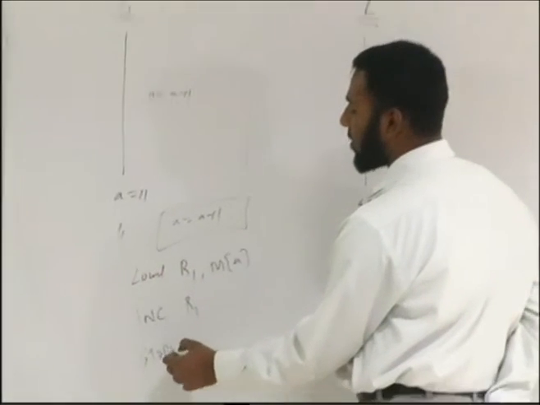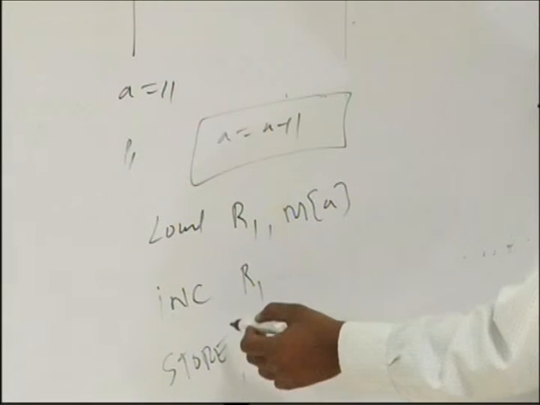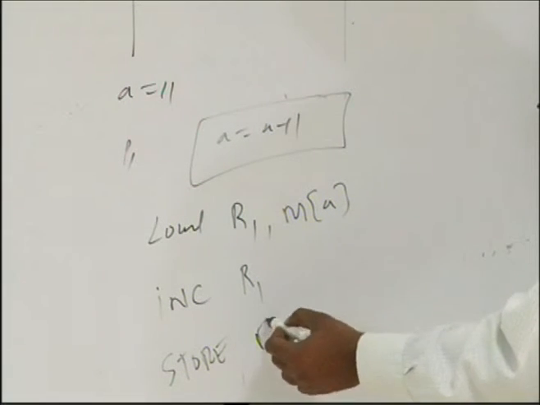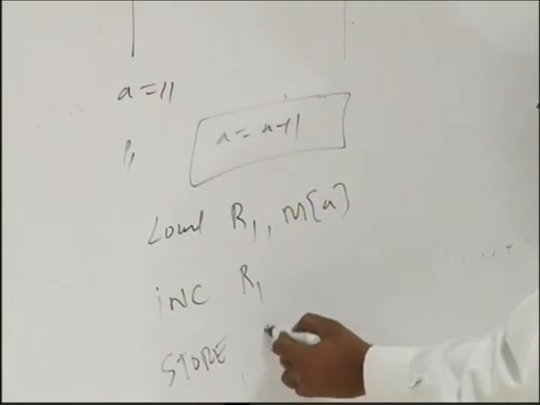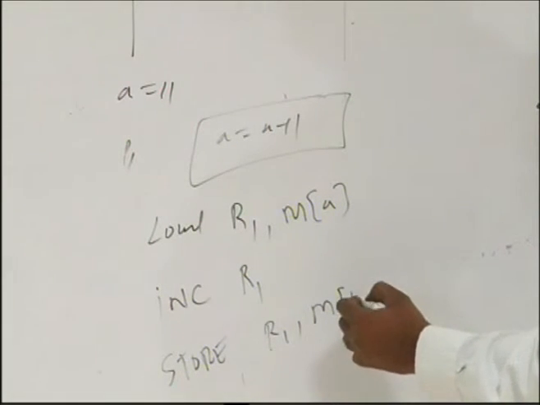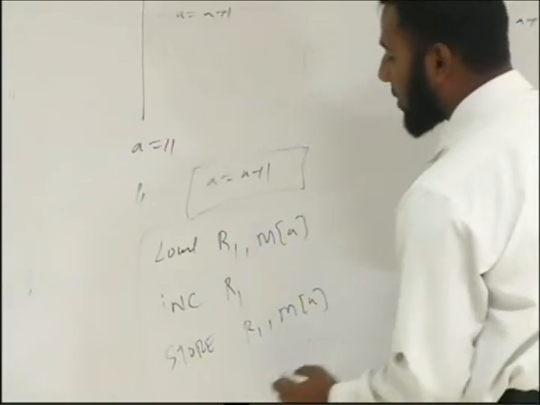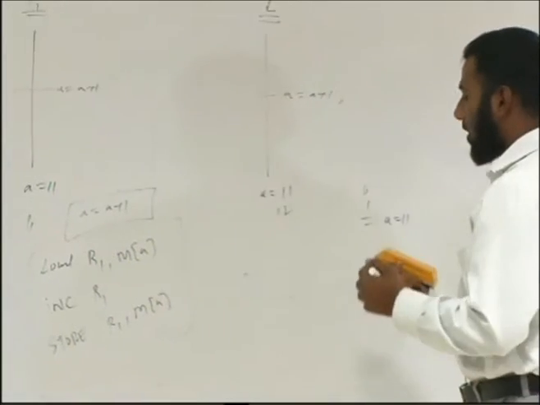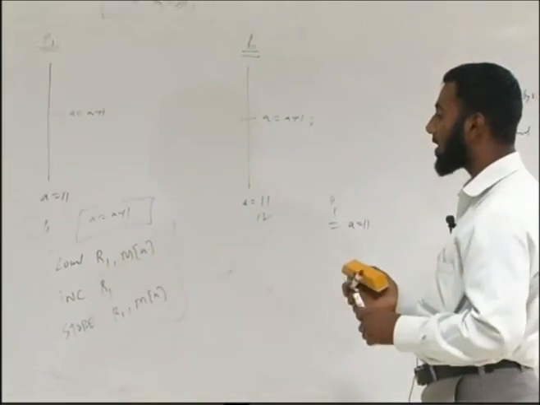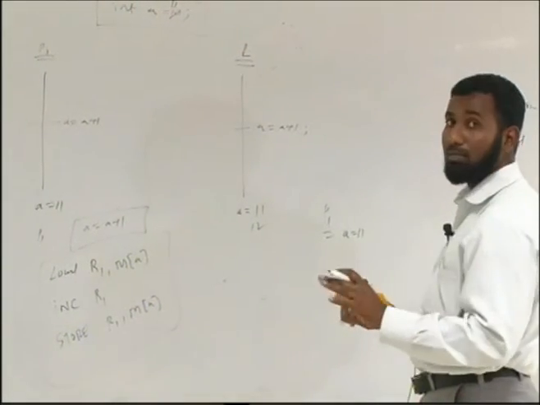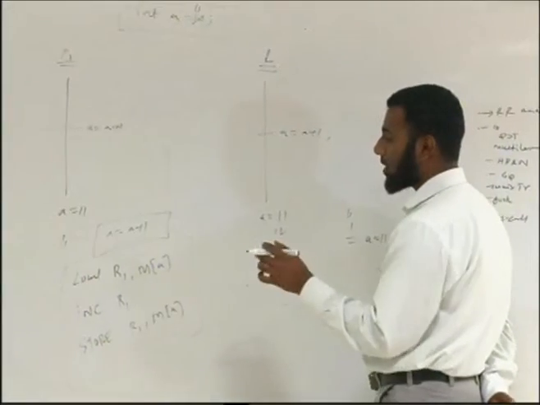Then again I am storing the value of R1 in M. This is the sequence of instructions at machine level that gets executed. At a higher level it is one instruction, but at lower level it has been split into three different independent atomic instructions.